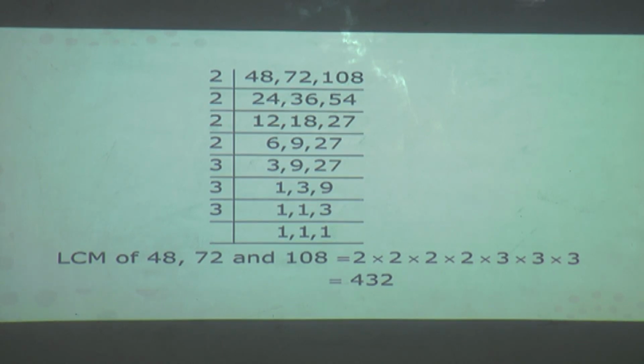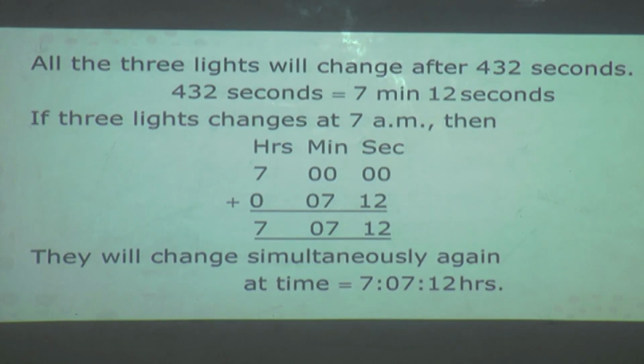Okay students, now we have found out the LCM of these 3 different numbers where the traffic lights change after every 48 seconds, 72 seconds and 108 seconds, and we got the LCM as 432. All the 3 lights will change after 432 seconds.